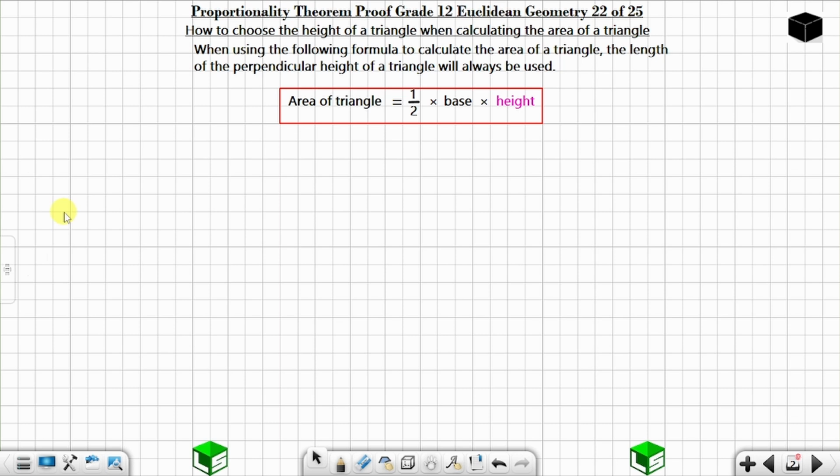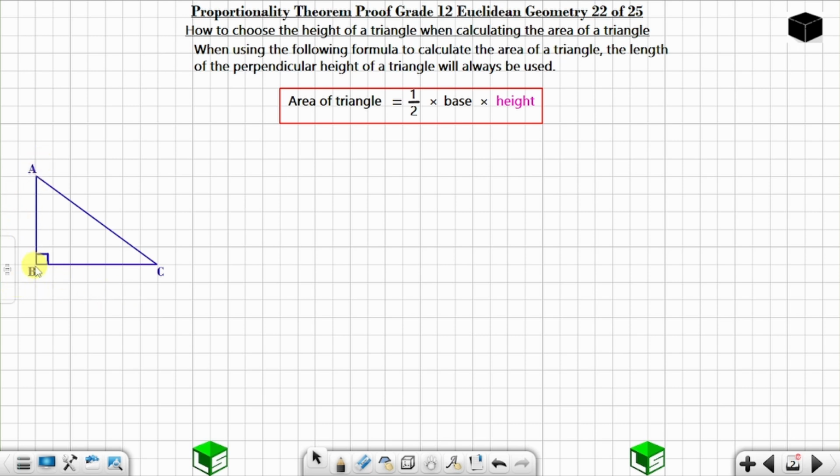So, if you have a right triangle, this is obvious. AB is perpendicular to the base BC. So, using this triangle, if you consider BC to be the base, you can see AB is perpendicular to BC.